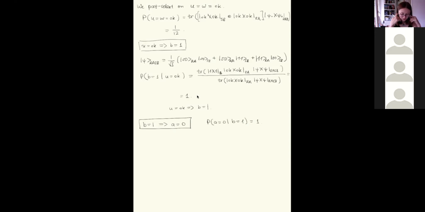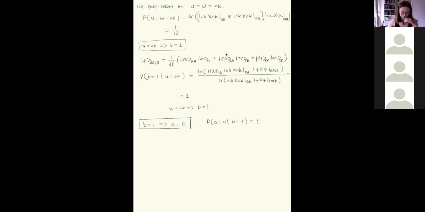This is fairly straightforward to see, actually, because the only term in this state which corresponds to b getting outcome 1 is this middle term. So the first projection will essentially collapse our state into this term, and here we only have the term corresponding to a getting outcome 0.